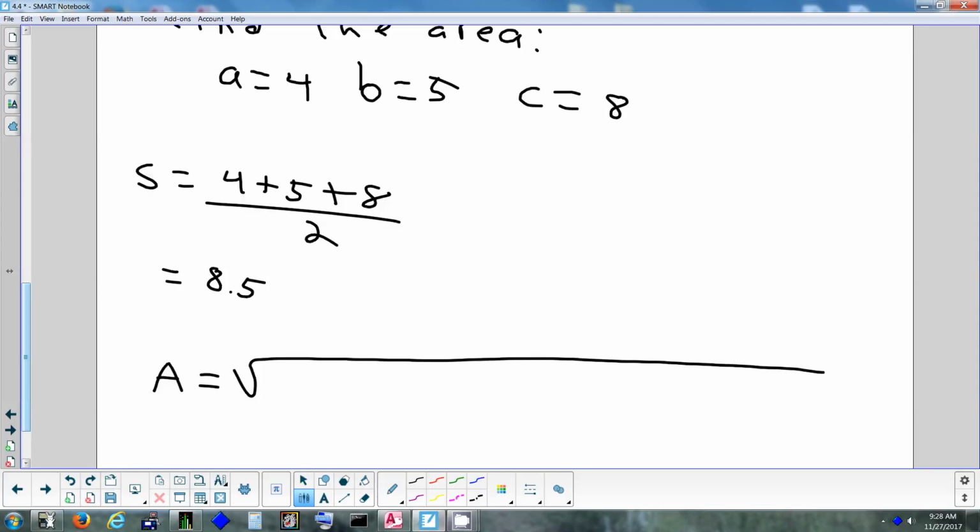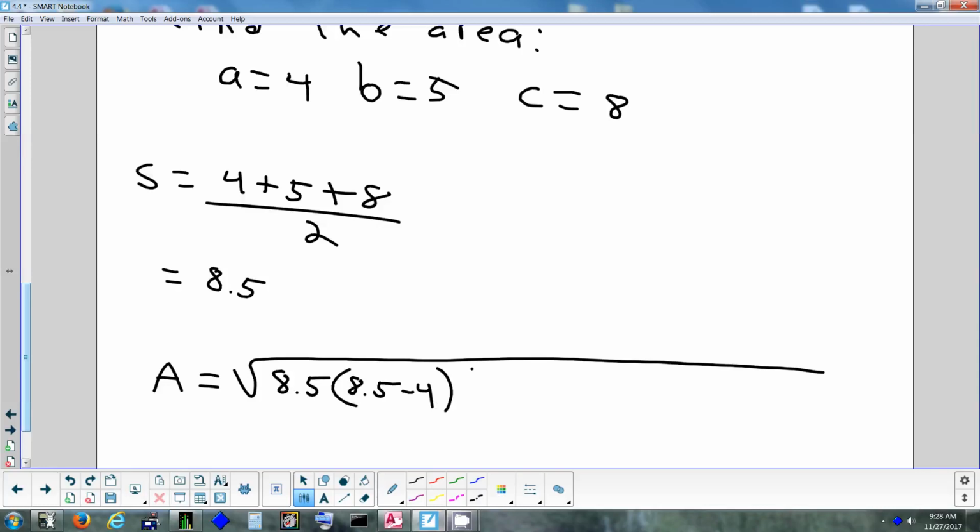Well, I guess the first thing you start with is the square root. I already did that for you. So square root of, first, S. We have S. And then the next thing, Alex, what were you gonna say, 8.5? Yep. Can you tell me the next thing that comes after that? 8.5 minus 4. So S minus A.